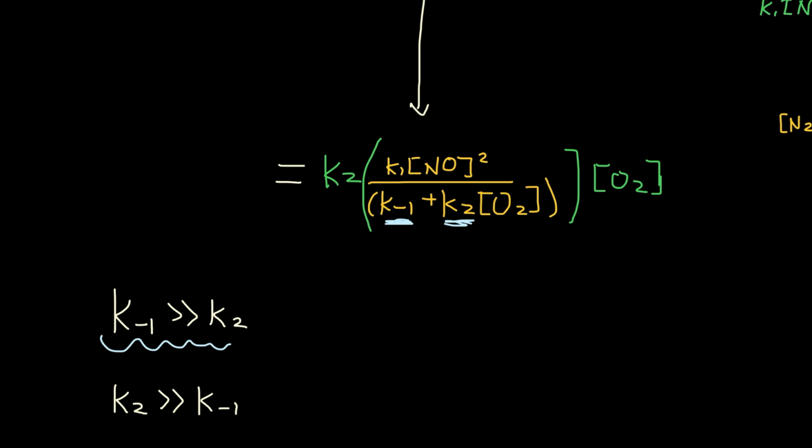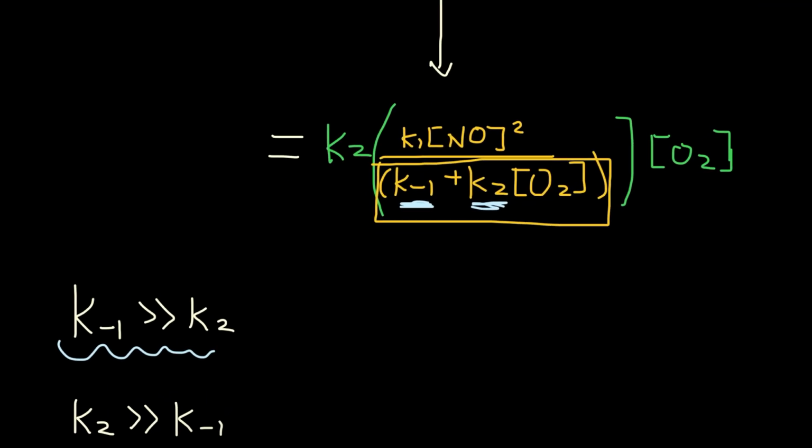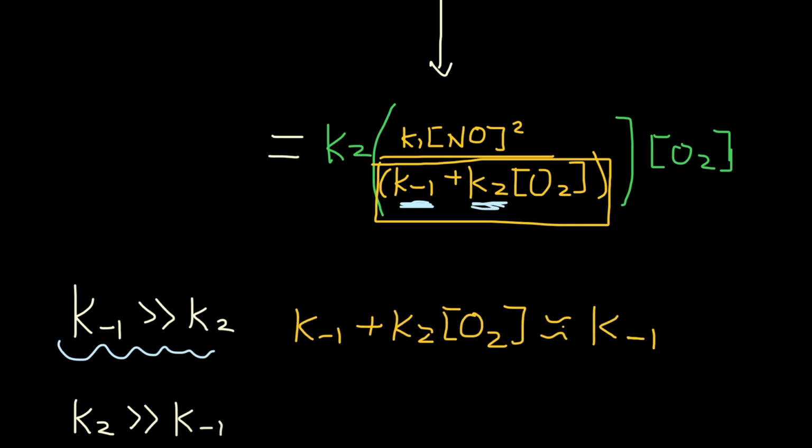So what that means is that for this denominator, we can simplify it. In the first case, instead of writing all of this long boxed expression, we can just say that K -1 plus K2 is pretty much just the equivalent of K -1.